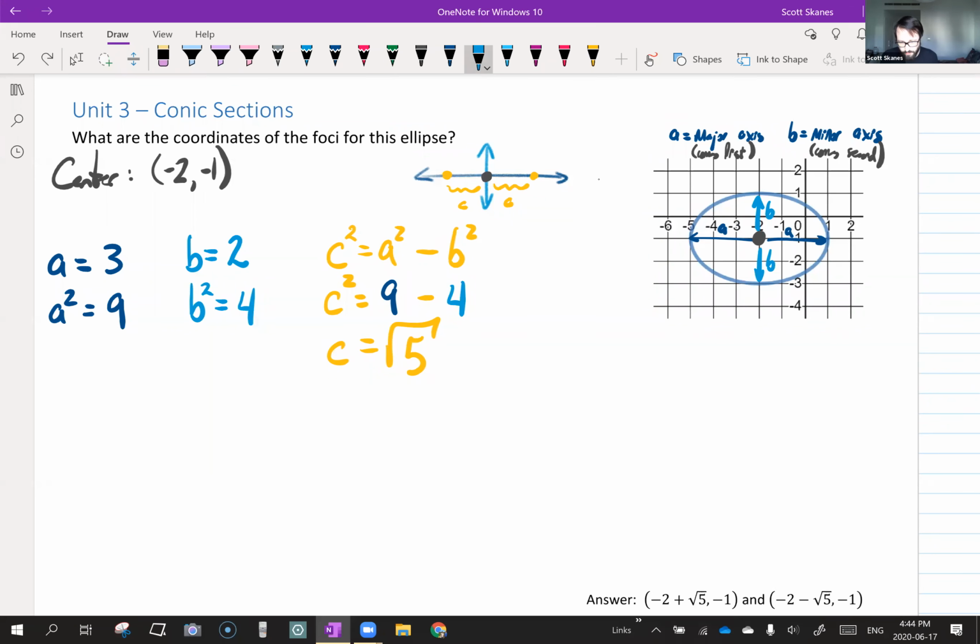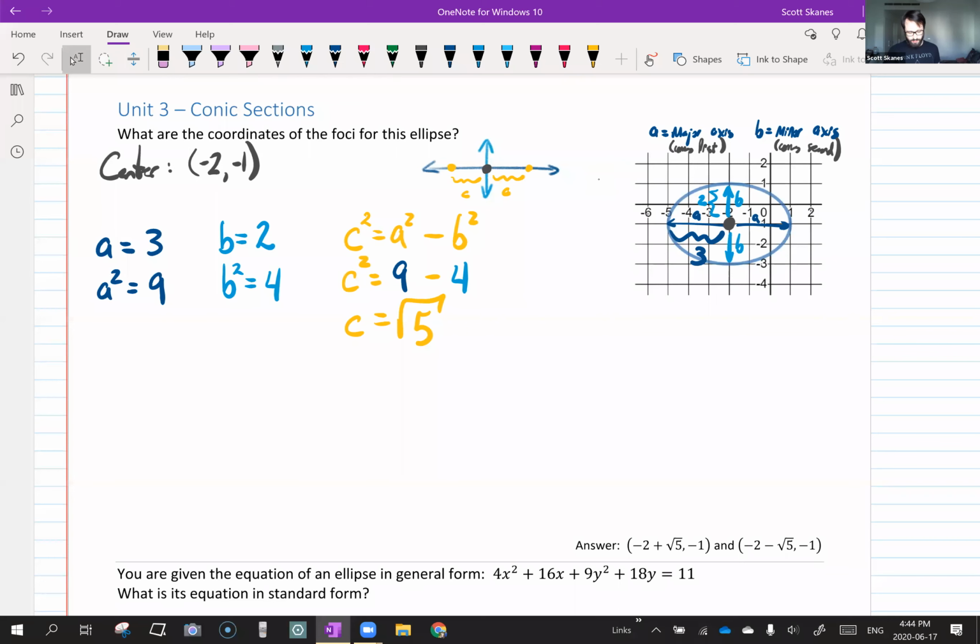Just like A is the distance from the center to the edge of the major axis, which is 3. So that's 3 here, that's 2. I'm trying not to draw too much on the diagram because the more I put there, the less you're going to look at it, because it makes it look confusing.